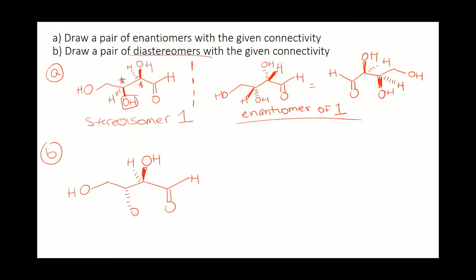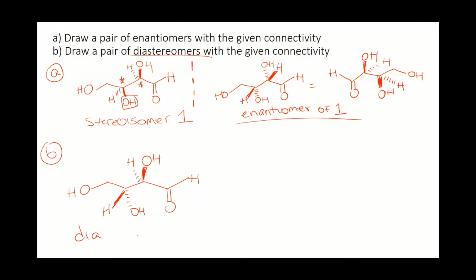That's going to give me a diastereomer, a non-superimposable non-mirror image. I'll let you try to rotate this, maybe make a model to convince yourself that these are non-superimposable non-mirror images. So this is a diastereomer.